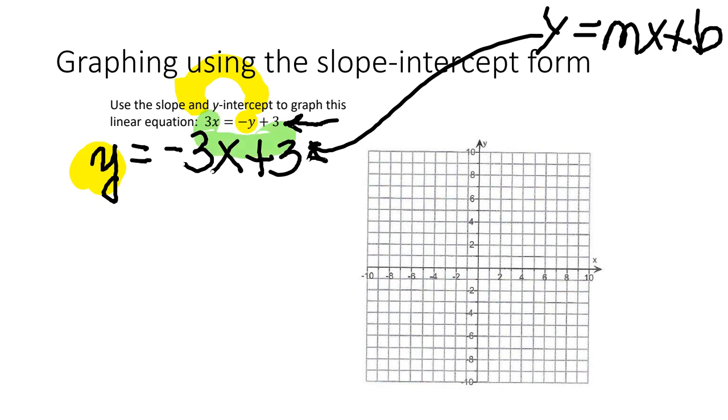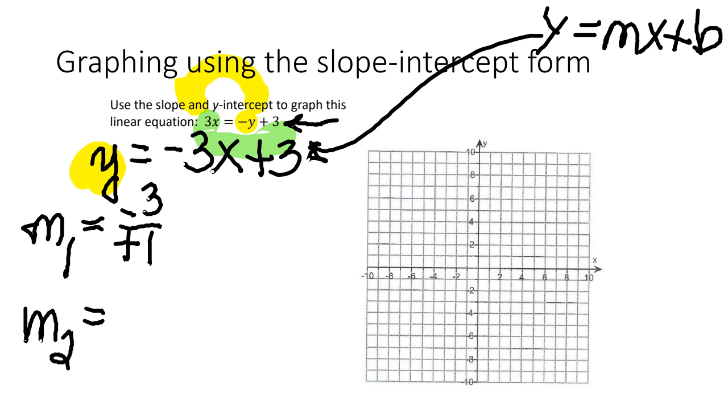Now, my slope 1 is going to be negative 3 over positive 1. My second slope is a positive 3 over negative 1.